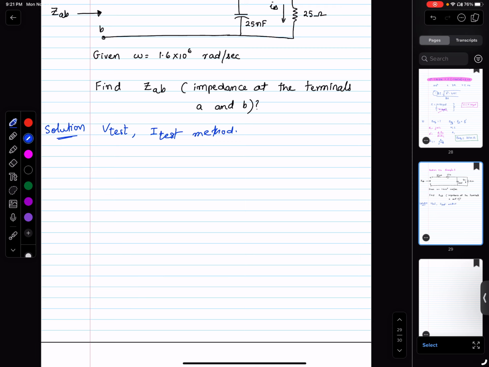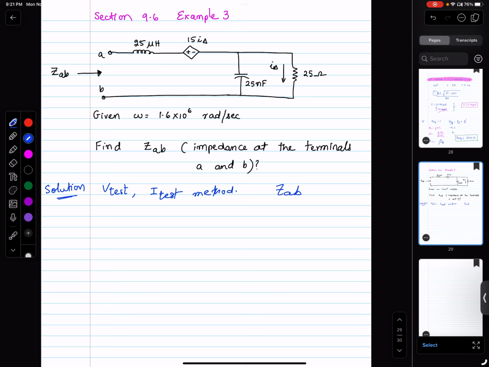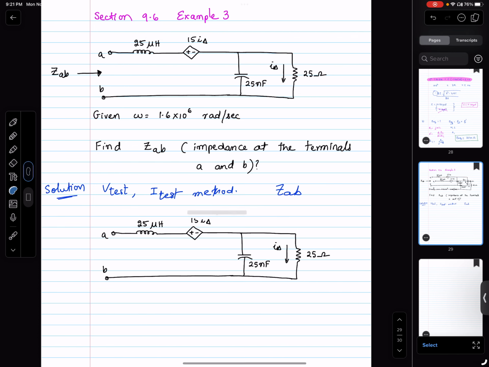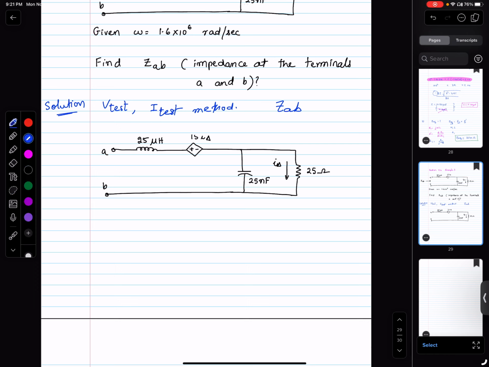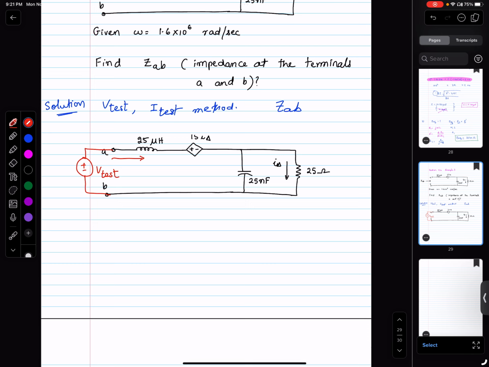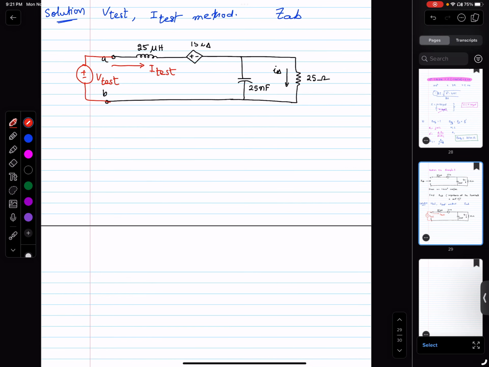When there is no direct way to calculate ZAB, what we do is, let me copy this really quickly, duplicate this, apply a hypothetical V-test here, and look at the current I-test that is going through the circuit from the applied test voltage.